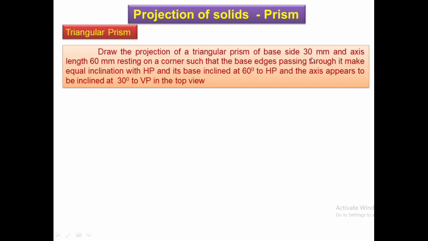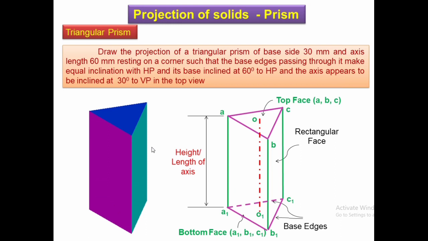Triangular prism of base edge 30 mm and axis 60 mm rests with one of its corners on HP and its base inclined at 60 degree to HP, and the axis appears to be inclined at 30 degree to VP. The same 3D figure has been once again shown here to understand the edges, the corners, the faces, all these things.